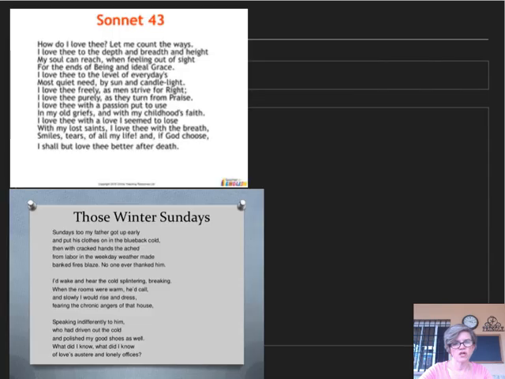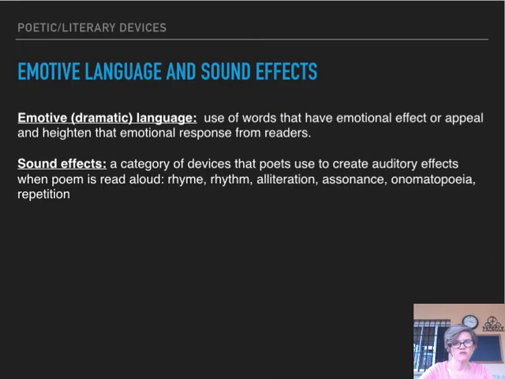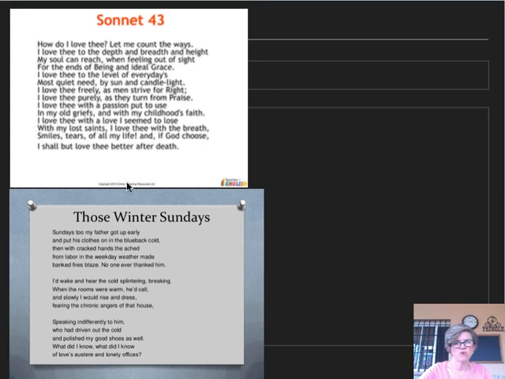And just as a way of example of these last two things, for emotive language, Sonnet 43 is a fine example of very emotive language where the poet is expressing her love for the beloved, but this is just chock full of dramatic emotive language, like her reference to her soul.